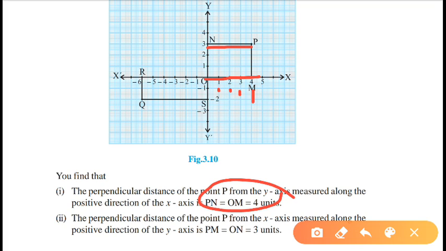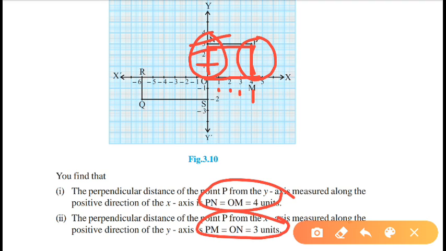Similarly, the perpendicular distance of the point P from the x-axis is measured along the y-axis: 1, 2, 3. So it is 3 units. Pm, or On, is 3 units.